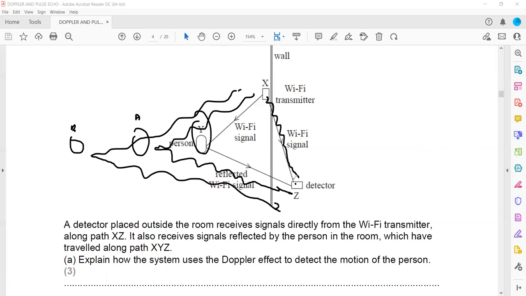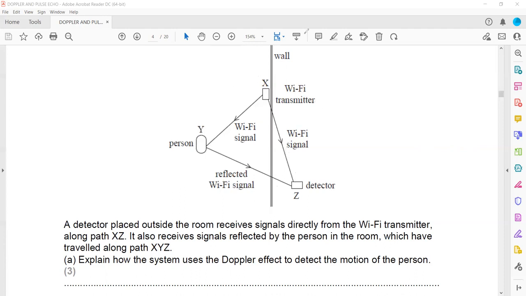So we can say he is at rest, but we cannot say the exact position of this person, because the Doppler effect is only effective for determining the speed of a moving object or change in speed for moving objects. So the pulse echo technique will work for stationary as well as moving objects.